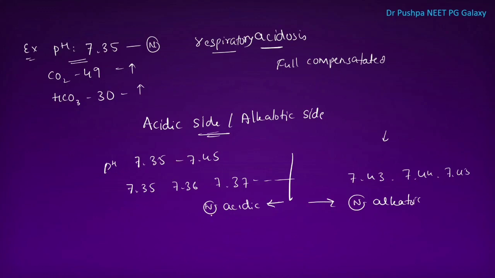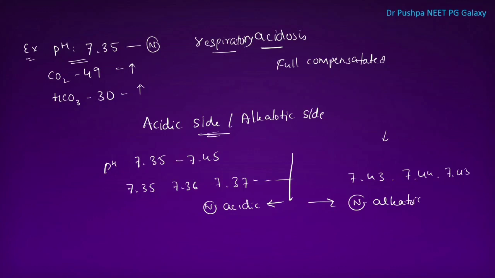Like that, we have to interpret the ABG report, that is arterial blood gas report. This is one of the basic, important and difficult topics to understand. So how to interpret the ABG report? First, we should find out whether it is acidic or basic by knowing the pH. Normal pH is 7.35 to 7.45.